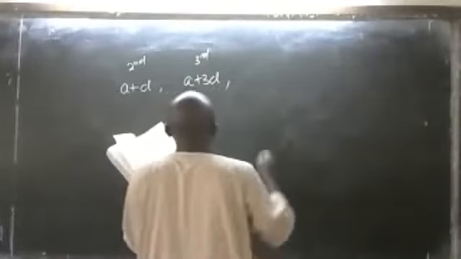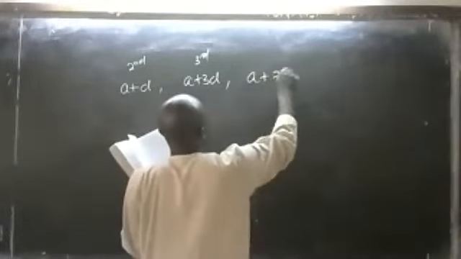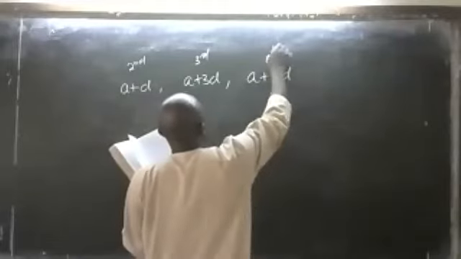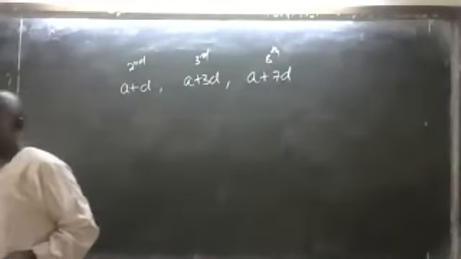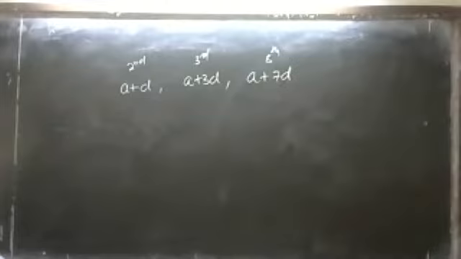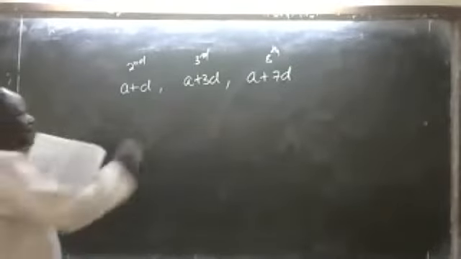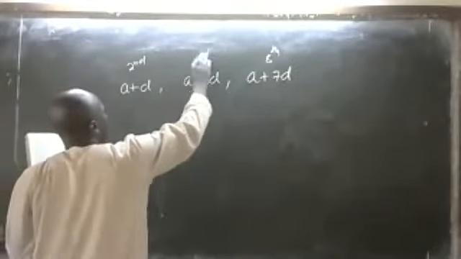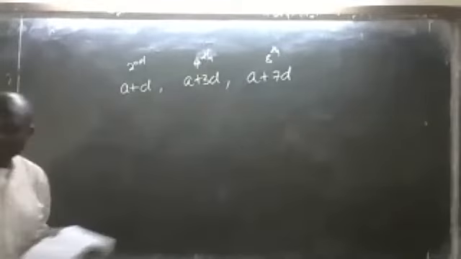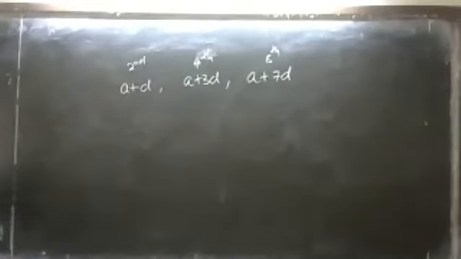And then the eighth is A plus 7B. The second, the fourth, and eighth terms of an AP are in GP.